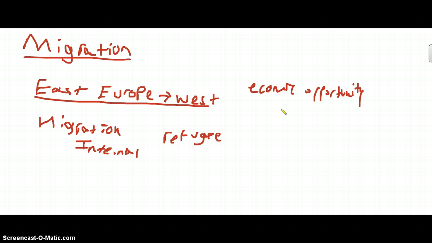Unfortunately, they typically misuse this because when they go from Eastern Europe to Western Europe, they go to the UK, and when they hit the UK, they're bringing their crime over to the UK. Their economic opportunities are more of crime than actual finding a job.